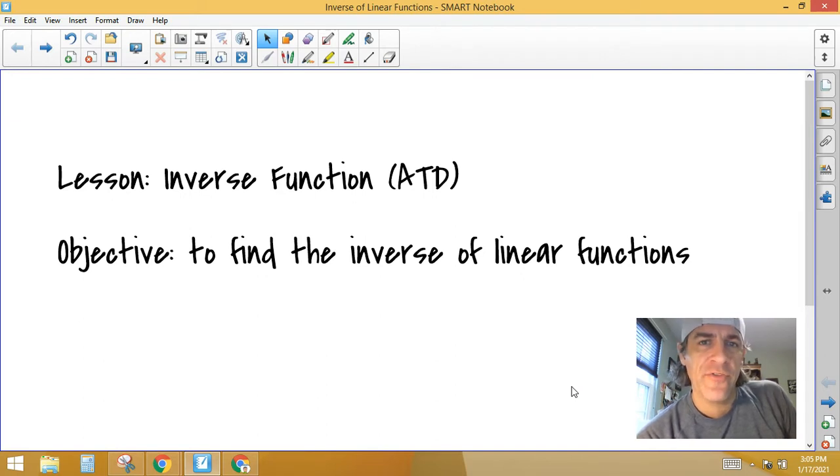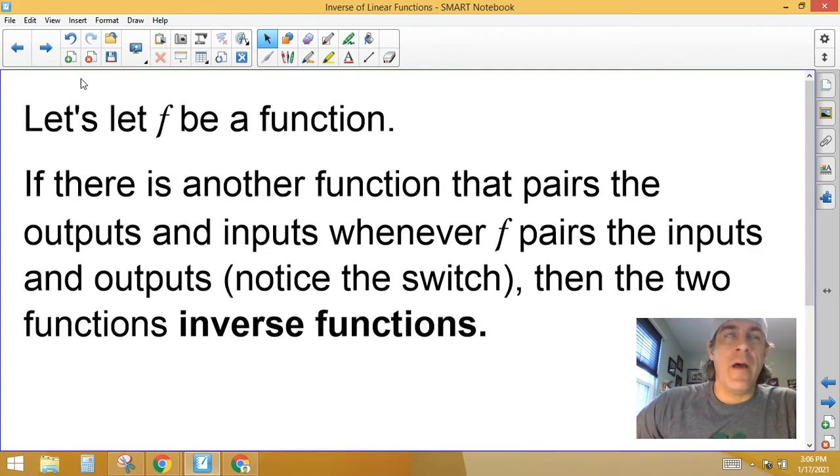Here we're going to find the inverse of linear functions. It sounds pretty complex the first time you hear it, and it's really not bad at all. Let f be a function, like f of x is the function.